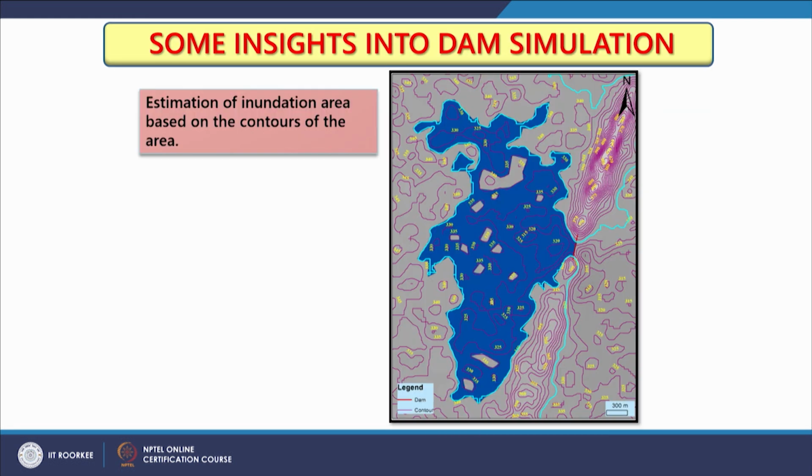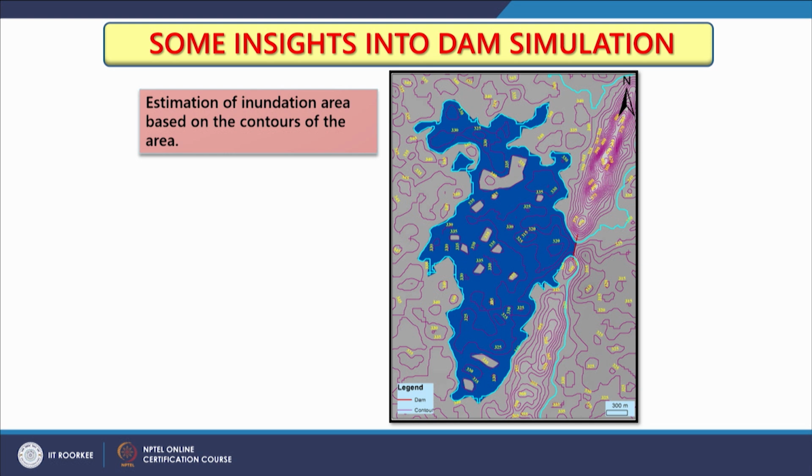Once that is done, then you can assess a few more things. In the flow chart, I showed the land use. So, the current land use, which can be prepared using satellite images, when we overlay it, immediately you would know which land use will be submerged, whether some forest is coming, protected forest is coming, or some important monuments are coming. Therefore, you can reduce or increase the height of the dam during the simulation.